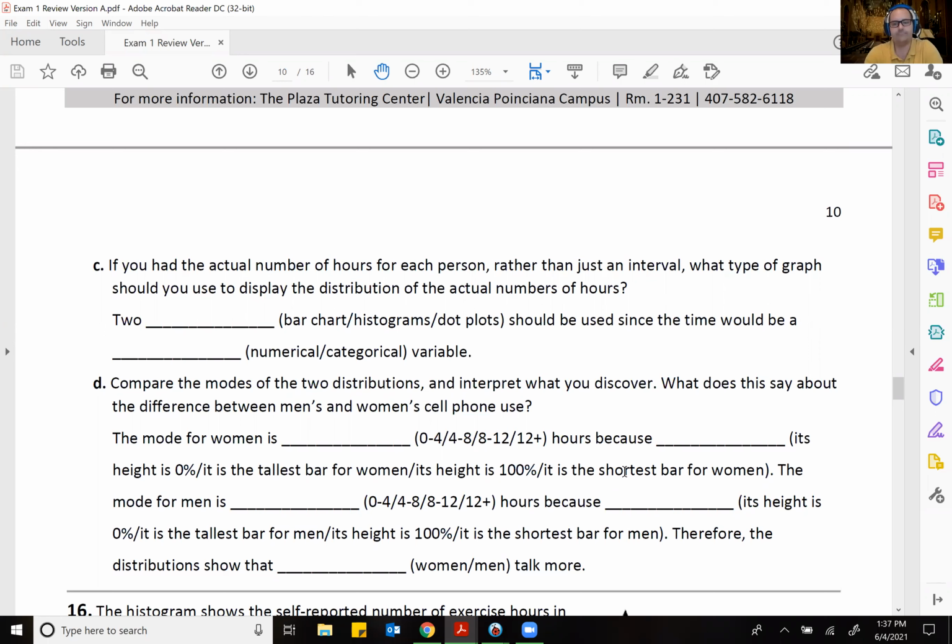So go with the histogram. A dot plot would actually be just as fine, but they're really asking you about bars. So go with the histogram. Technically, a dot plot would not be wrong for that.